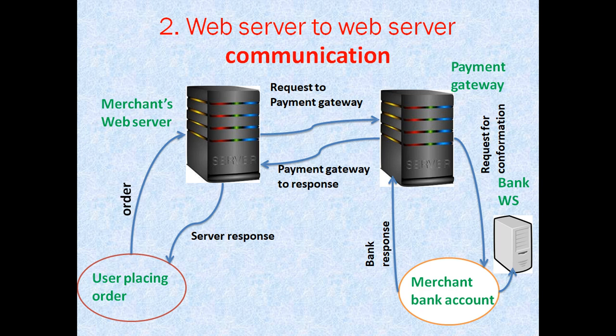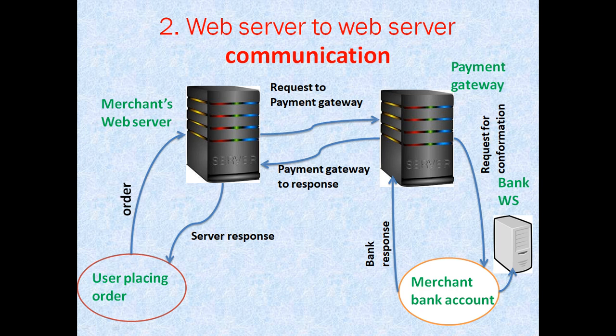The web server of an online shopping website needs to send confidential information to the bank web server and vice versa. So if you are going for a purchase, the user places an order, for example on Amazon. When he places an order, the merchant web server, that is the Amazon server, will respond with the requested page. Once everything is done by the client, that is, the choosing of the product, it proceeds to the payment process.